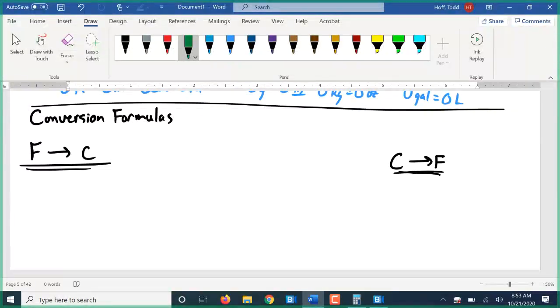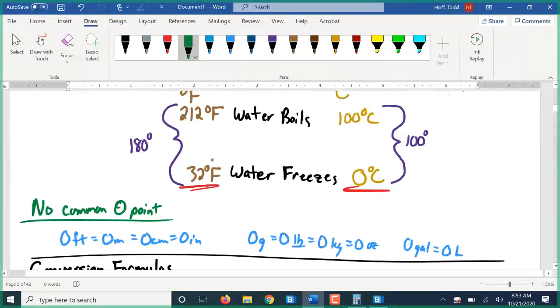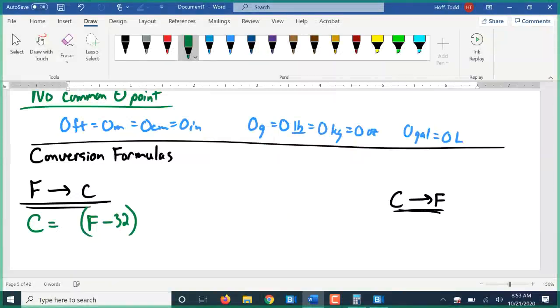So, if I am given the temperature in degrees Fahrenheit and I want to know what the temperature is in degrees Celsius, I start out, F is my temperature in degrees Fahrenheit. First thing I have to do is equalize that 0. Well, there's a difference of 32 degrees between the zeros. So the first thing I'm going to do is take my temperature in degrees Fahrenheit and subtract 32 from it. That equalizes the 0 point.